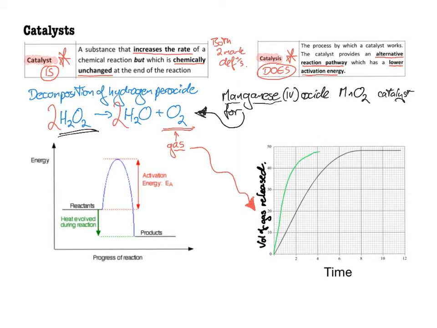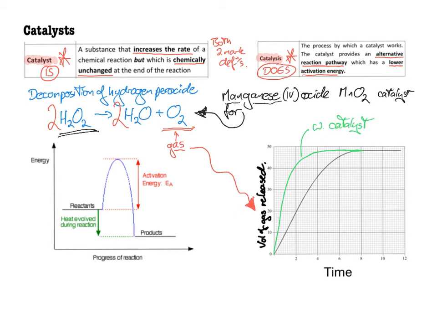And assuming we're using all the same amounts of reagent, it would finish at the same height. Now, it's not easy to get this perfectly on, but there we go, that's not bad. So this would be with a catalyst.